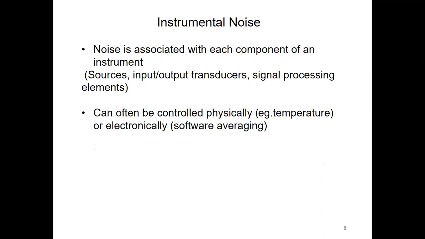And then let's talk about the second type, instrumental noise. Instrumental noise is associated with each component of an instrument. When we talk about the instrument, it has sources, transducers, which can be input or output transducers, some signal processing elements, and some detectors.